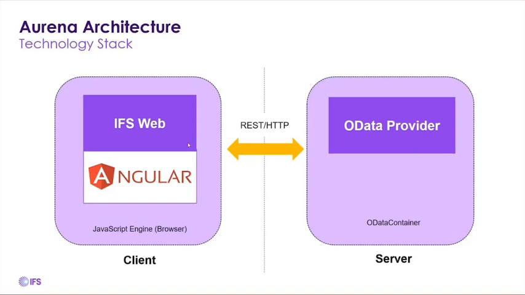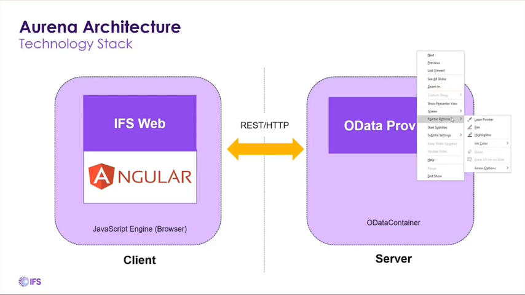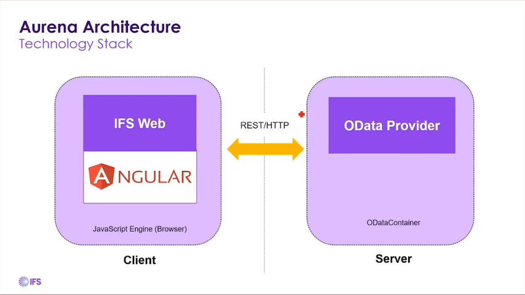And then IFS web will be sending requests to our middleware server, which will be accepted by the OData provider. To be accurate, how it works is in front of the OData provider, we do have an HTTP server. So I will just say HTTP server.